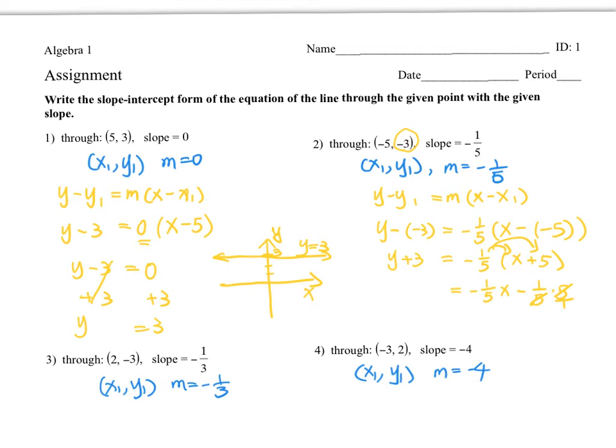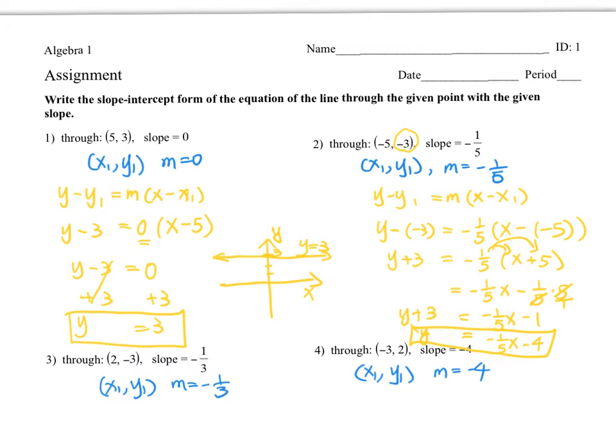So I have 1 there. On the left-hand side, all you need to do is bring down y plus 3. Now if you subtract 3 on both sides, you should have negative 1/5 x minus 1 minus 3 is minus 4. I'm saving space by skipping one tiny step there. Okay? So that's how you do the first 2.